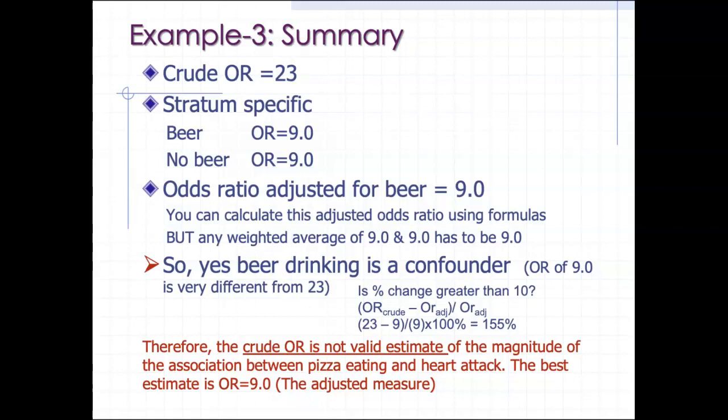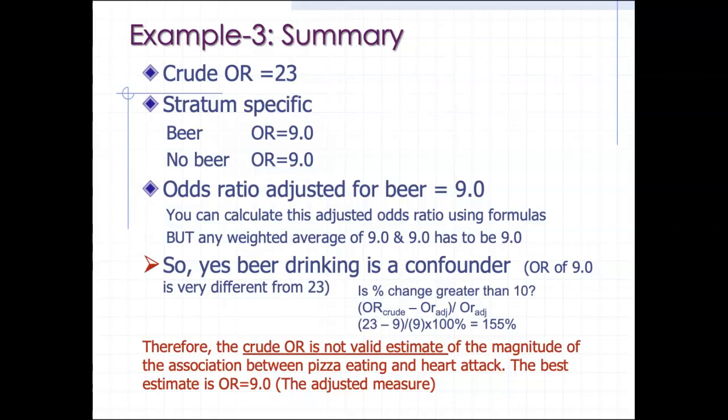When I think about trying to communicate to people what the overall takeaway result is, how would you describe the relationship between eating pizza and heart disease? Well, I wouldn't say that the odds ratio for those variables is 23.